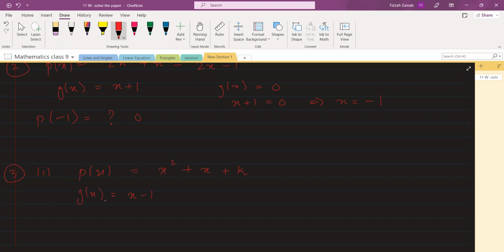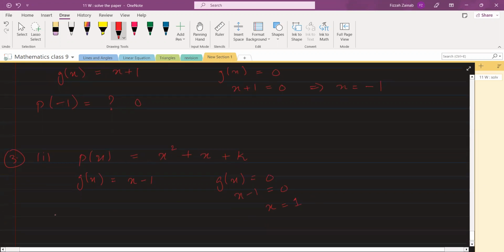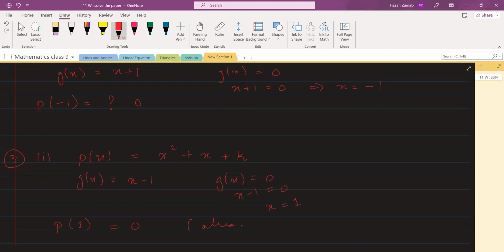From g(x), first of all, you find the value of x. Put g(x) equal to 0, so x minus 1 is equal to 0. That means x is equal to 1. So what is the remainder? p at 1 is the remainder. Now this remainder is already 0. Is it clear? Yes, ma'am.